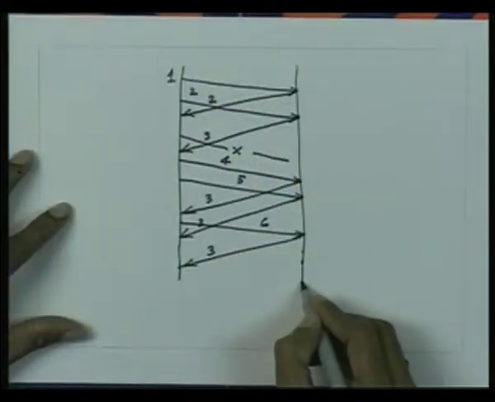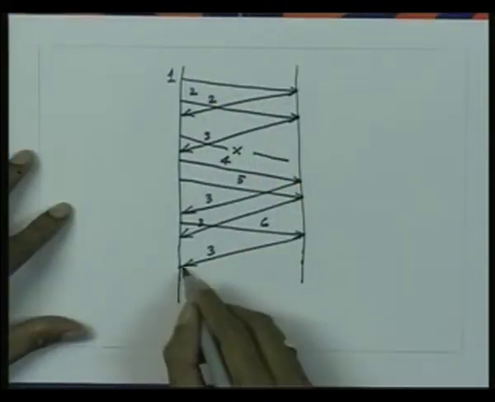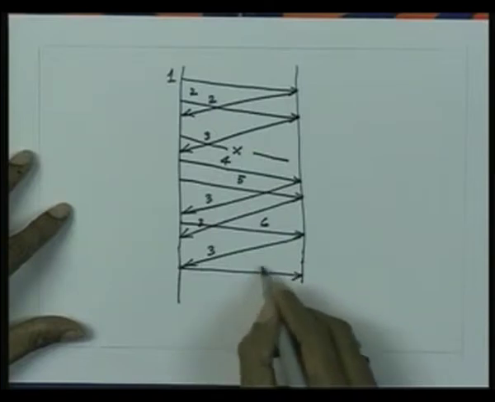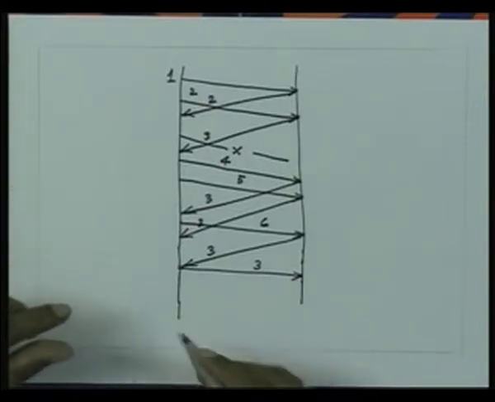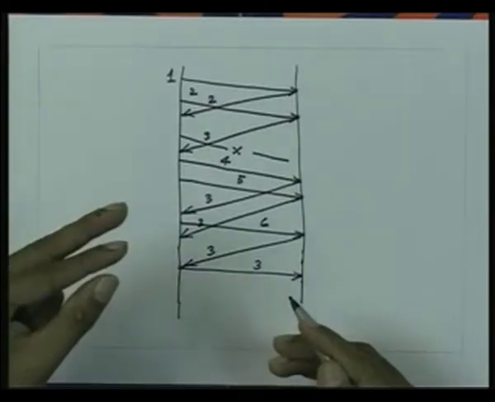This is what is called the fast retransmit. Now, when you retransmit packet number 3, what will the receiver say, which packet am I expecting?